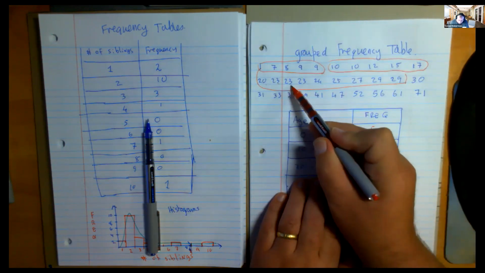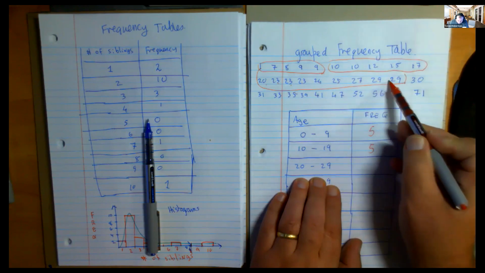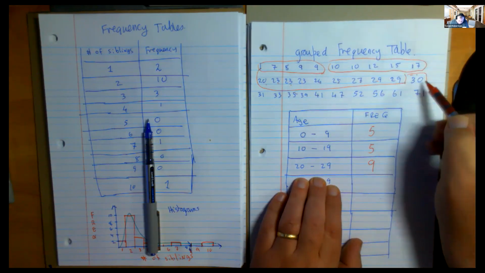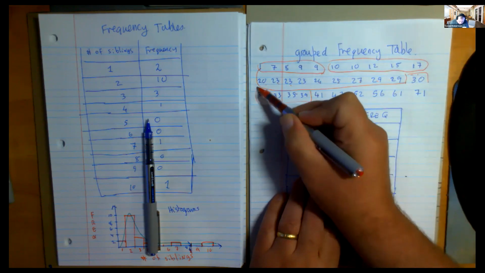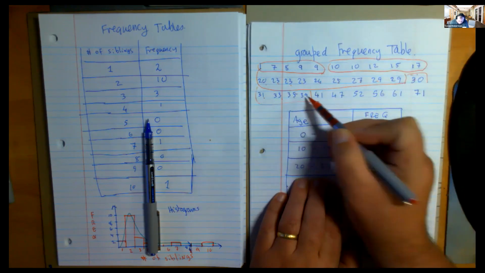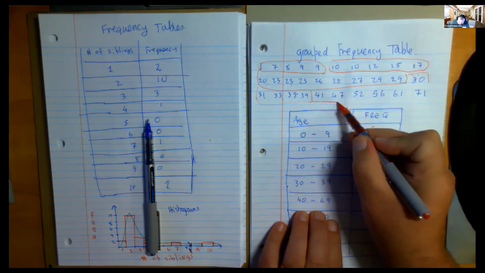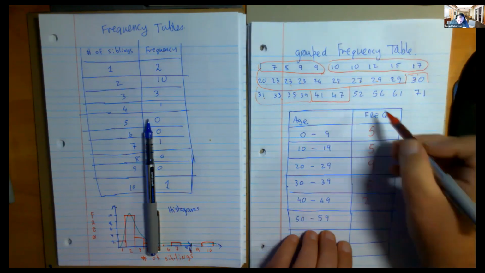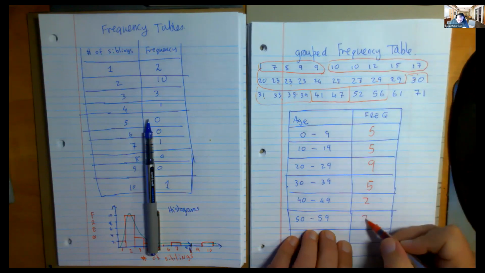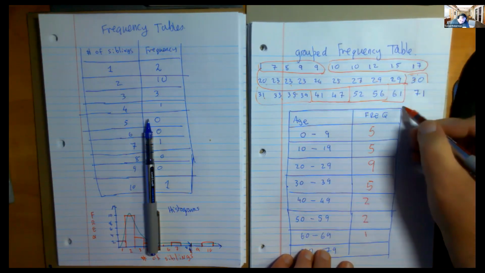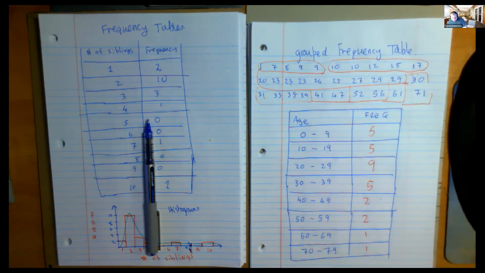So 1, 2, 3, 4, 5, 6, 7, 8, 9 of those. The 30s are this one here, all the way to there. 1, 2, 3, 4, 5. I don't know why I keep picking 5s. The 40s are 1, 2. The 50s, 1, 2. The 60s, there's just one of those, and one person in the 70s.